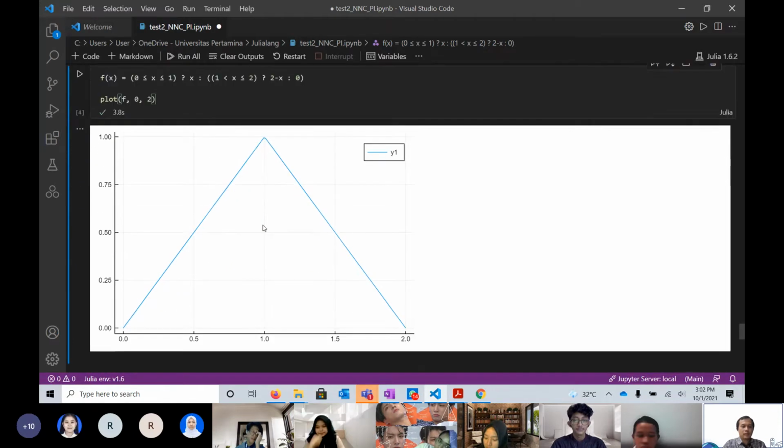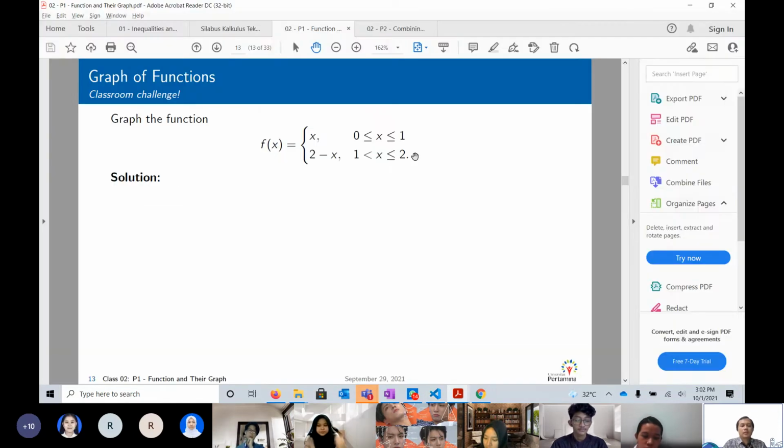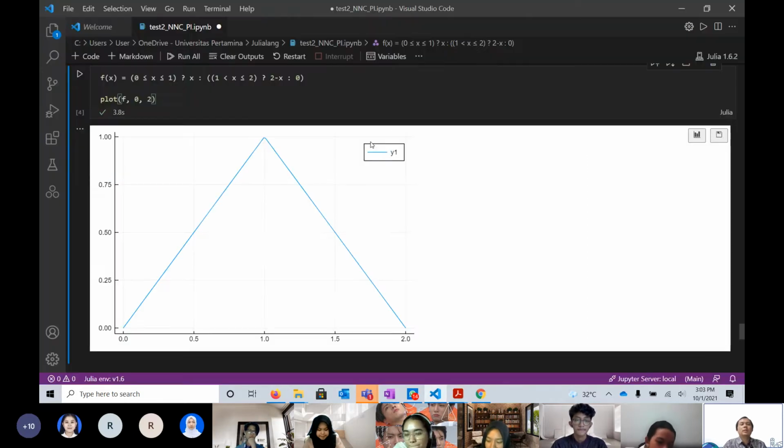So we will have a triangle plot like this for this challenge, for this question. So you can try it by yourself later at home, but the result should be like this. So before 1, it is increasing, just a straight line, and after 1, it is decreasing, again, just a straight line.